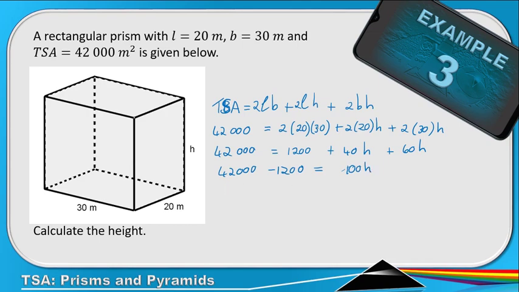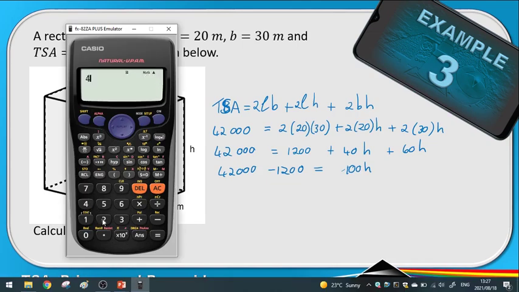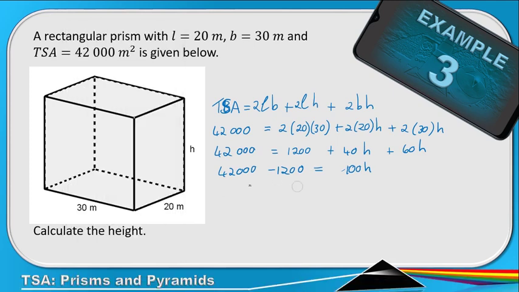And then subtracting those two, 42,000 minus 1,200 is 40,800. 40,800 equals 100 times h. Divide both sides by 100 so that these will cancel, and height is equal to 408 meters.